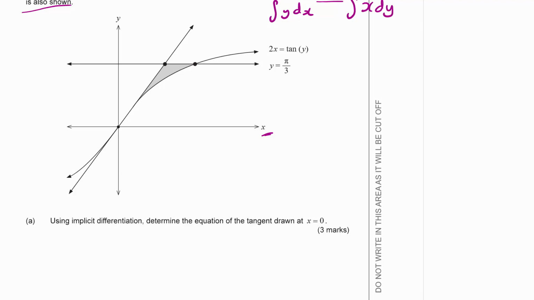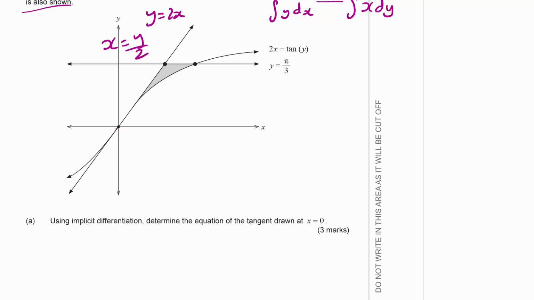So if we think about that region, it's going to be the area trapped here with the curve, this one here, take away the area of the triangle, or if you like, the integral with the line. So we think about the line, which was y equals 2x. That means x equals y over 2.